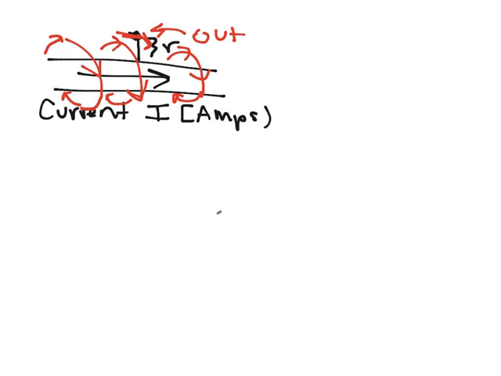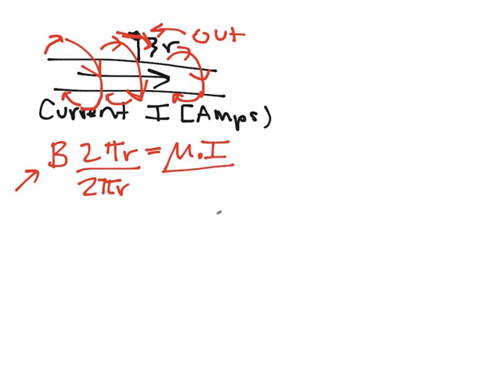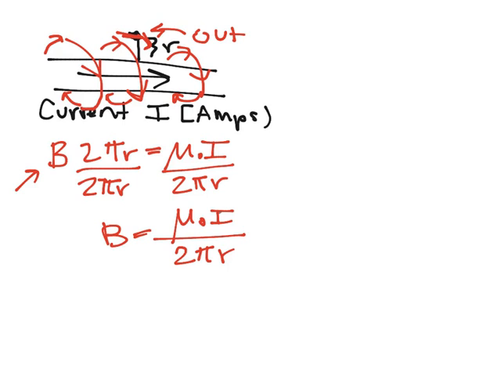When you're solving it, we would want to use the equation B times 2 pi r is equal to mu naught times I. But we are solving for B, so we can divide both sides by 2 pi r to get B is equal to mu naught I over 2 pi r.